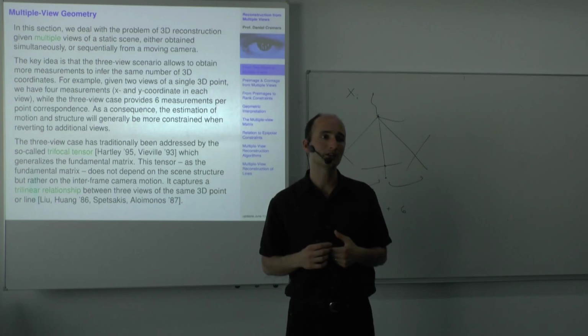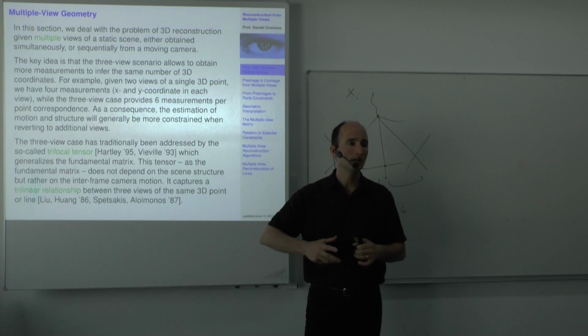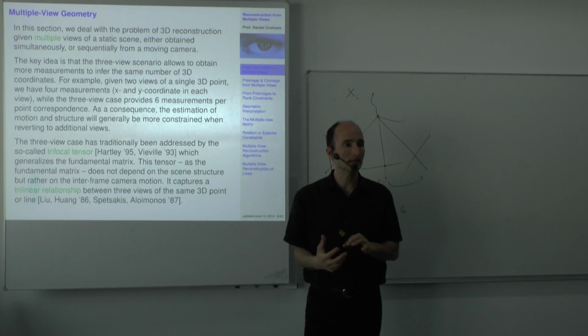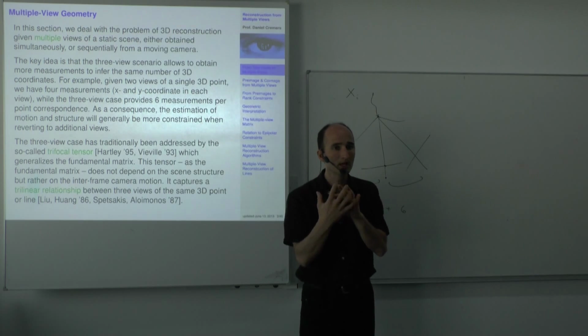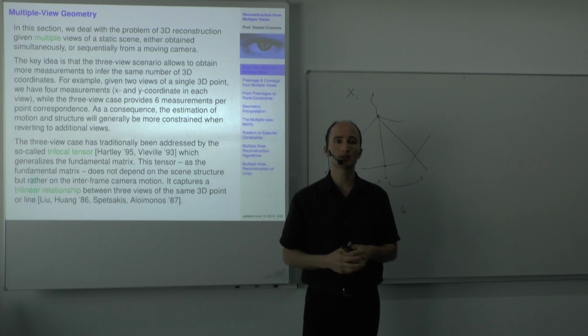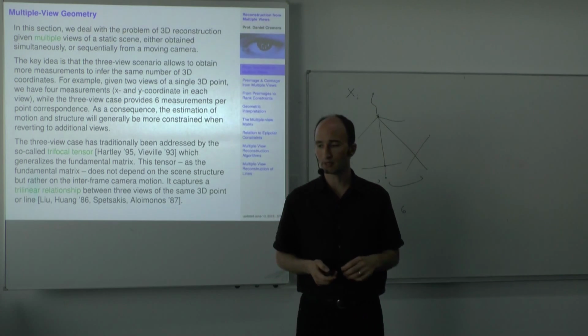The major challenge nowadays is that you work with tons of data, lots of images and lots of reconstructions at every time. Let's say if you do 30 frames a second, 30 times a second you have to reconstruct an entire geometry, and so it's a lot of measurements and a lot of data to estimate.